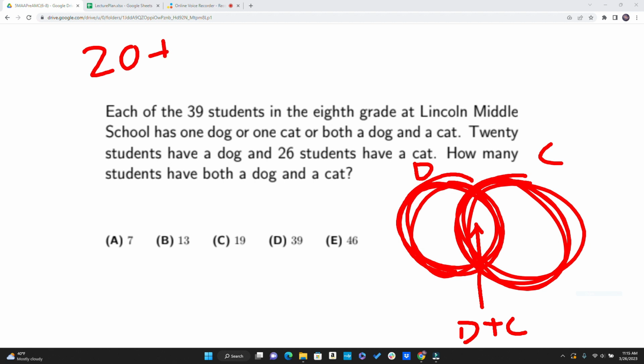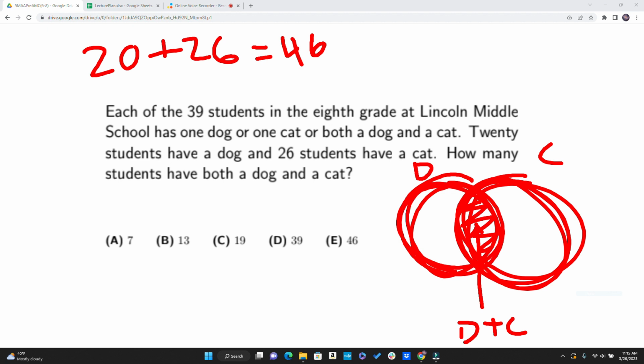So that's another 26. But notice, we've double counted. We counted this middle area 2 times. Once for the people with the dog and once for the people with a cat. Because they have both, they're counted twice. So when we add up 20 plus 26, we get 46, even though there's only 39 people in the class.